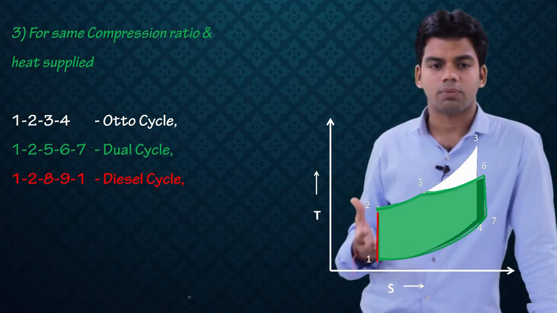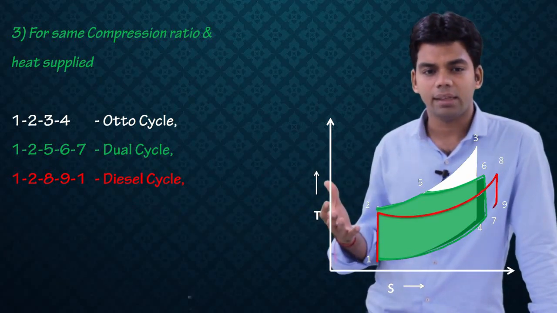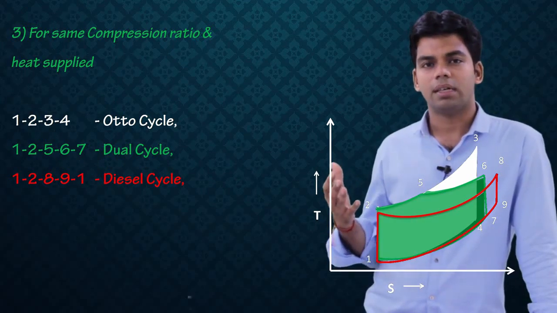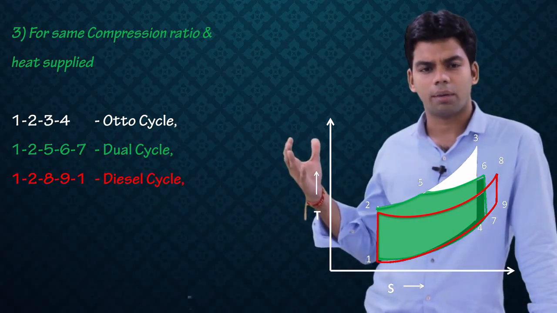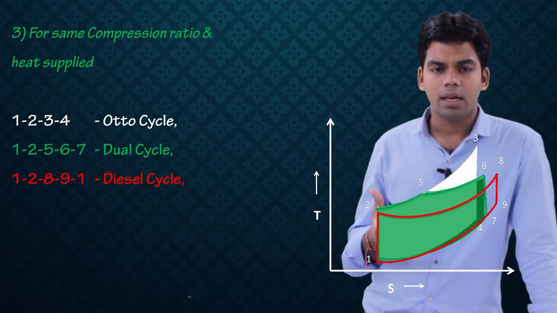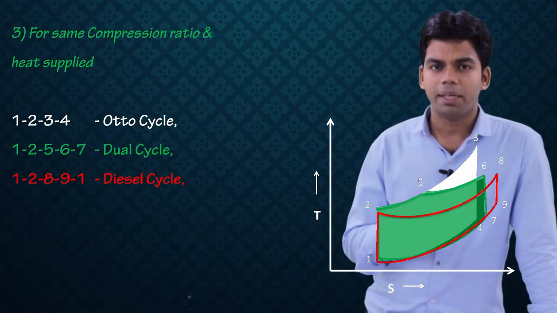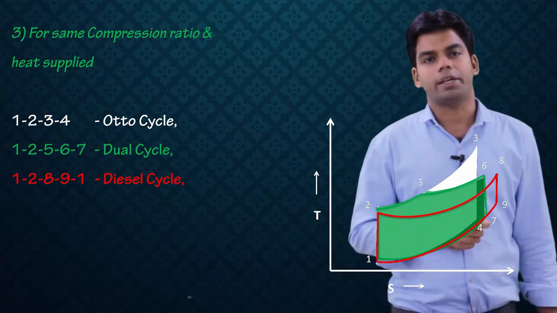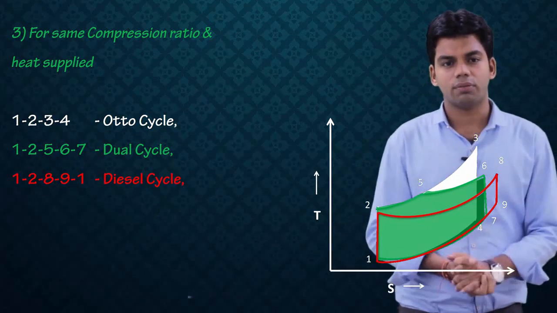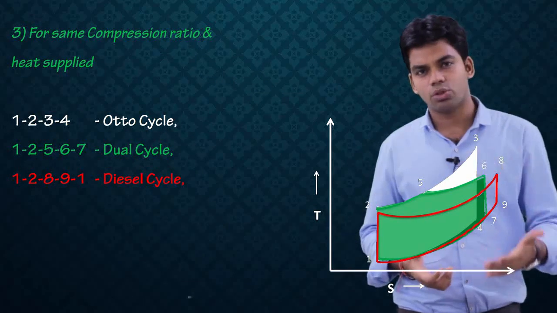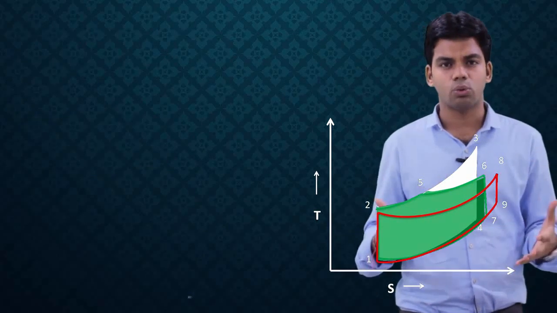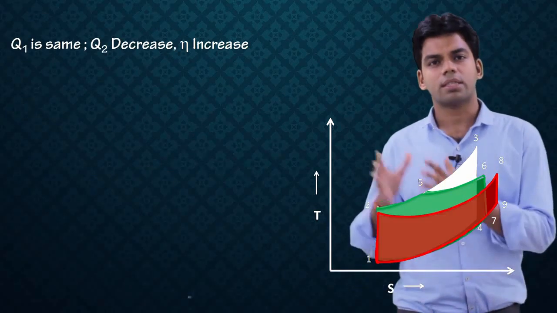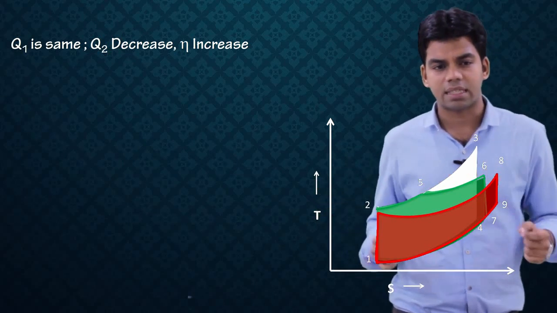So, this process 1, 2, 8, 9, 1 is nothing but the diesel cycle, it is extended up to point 8. So, here you can say that area under 2, 3 will be equal to area under 2, 5, 6 will be equal to area under 2, 8. Getting this? Then only the heat addition will be same, and the compression ratio is same as I told you, that means 1, 2 is already same. Okay, so, this is how we can compare with the help of this TS diagram.